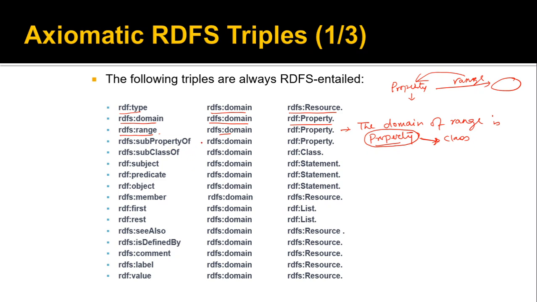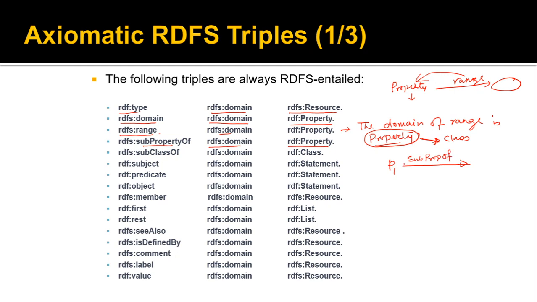Again, if you ask what is the RDFS domain of subproperty, the answer would be the property. Now what we can write is that P1 is a property, and it is a subproperty of P2.